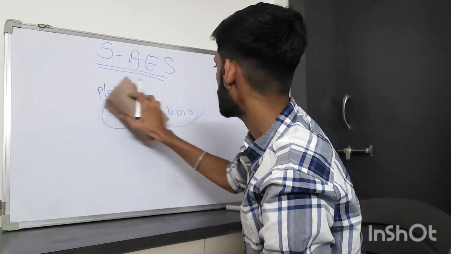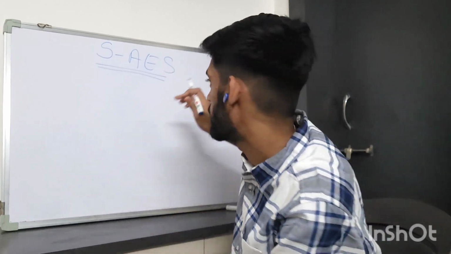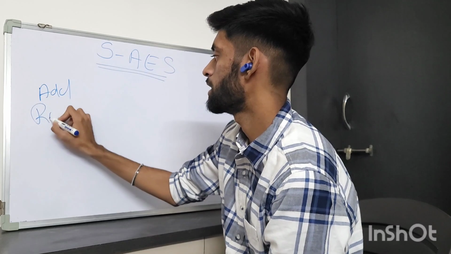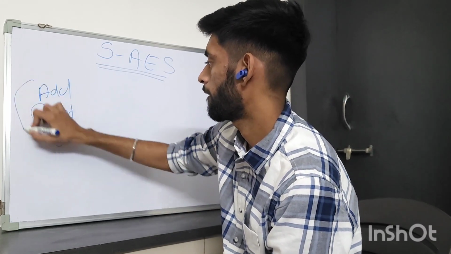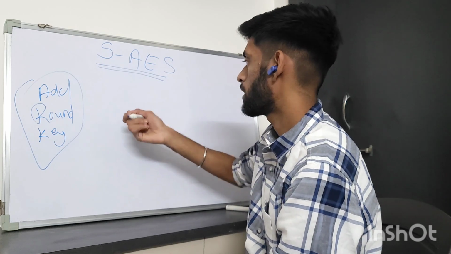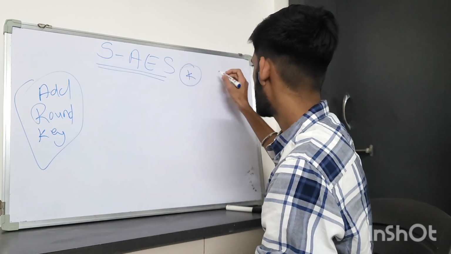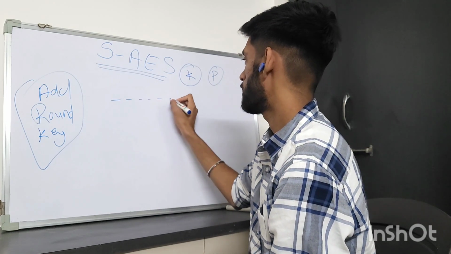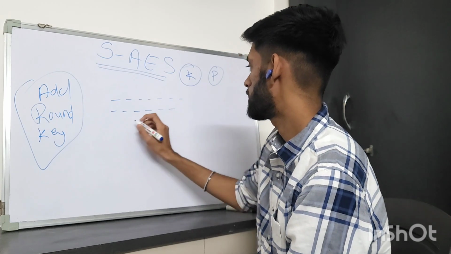Now, the first terminology that one should know before solving a SAES numerical is add round key. Let us denote key as K and plain text as P. This plain text is of 16 bits, and similarly our key is also of 16 bits.